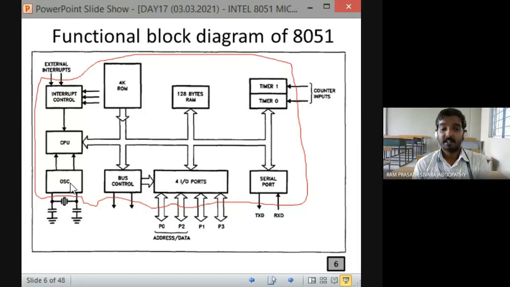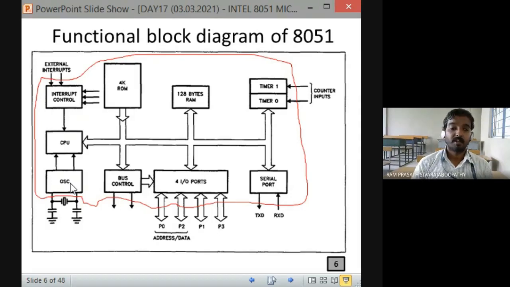Fine. In general, we need bus. To address the memory location, we need address bus. To get the data or instruction from the external program memory, we need data bus. Correct? Both address and data, both buses we need.